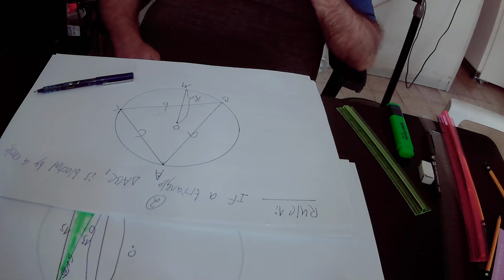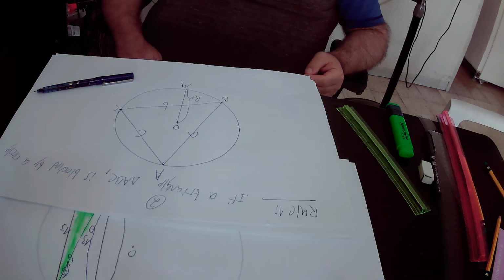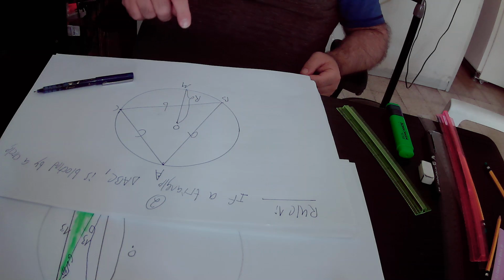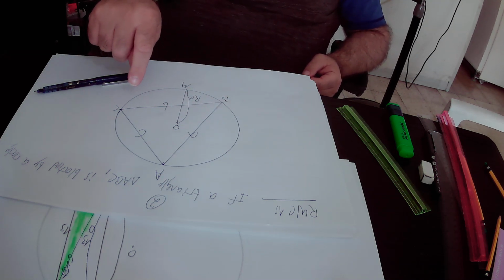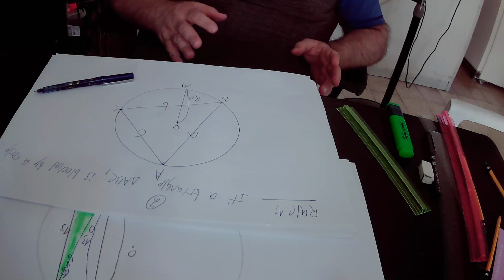A triangle is blocked by a circle only and only if all the three vertices of the triangle are touching the circle.